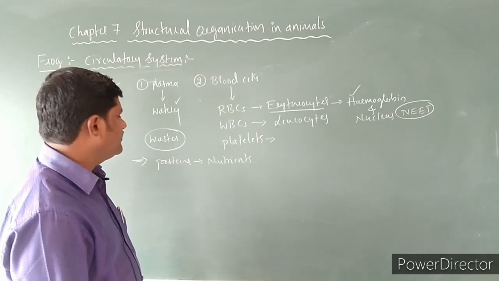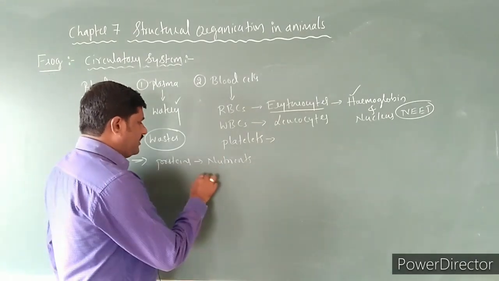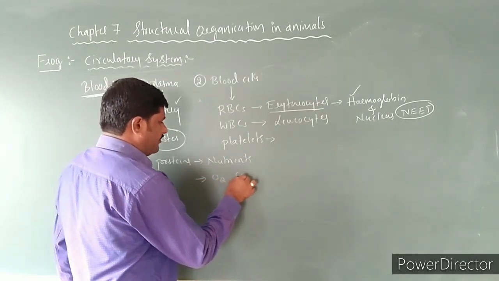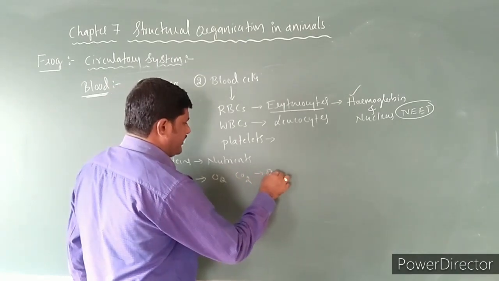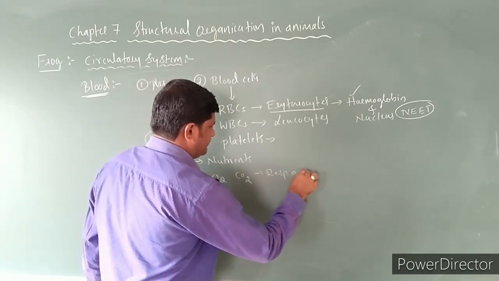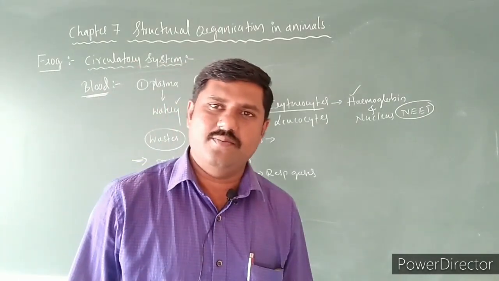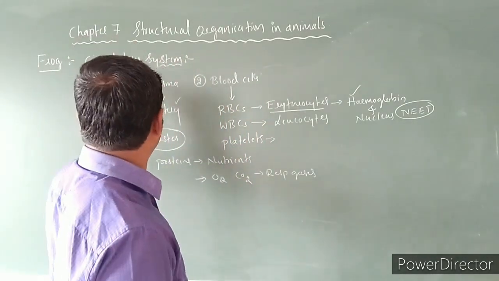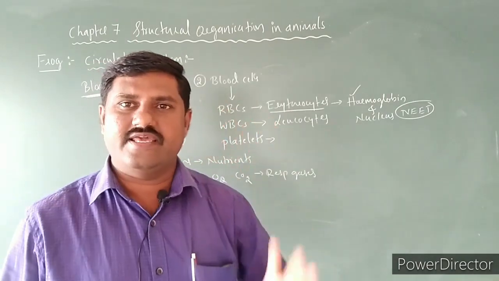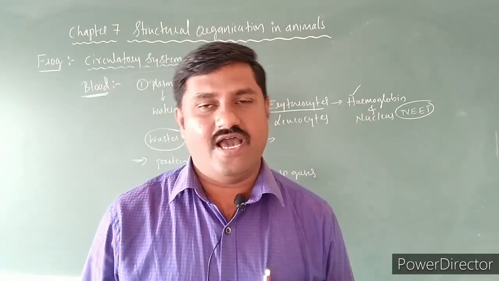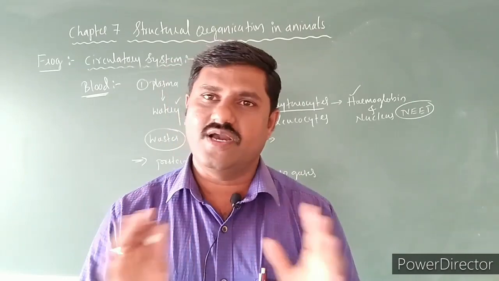All the nutrients are circulated, and even oxygen, carbon dioxide, the respiratory gases are also circulated during the circulation of the blood. So this is all about the circulatory system in the case of frog. I hope you have understood completely.